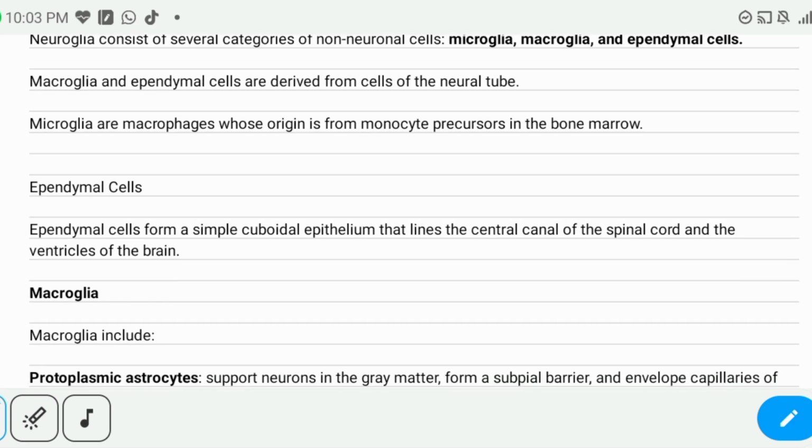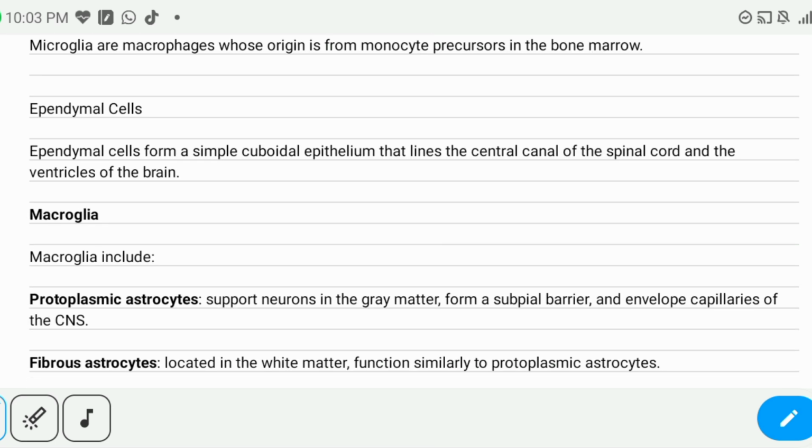So let's talk about the ependymal cells. Ependymal cells form a simple cuboidal epithelium that lines the central canal of the spinal cord and the ventricles of the brain.